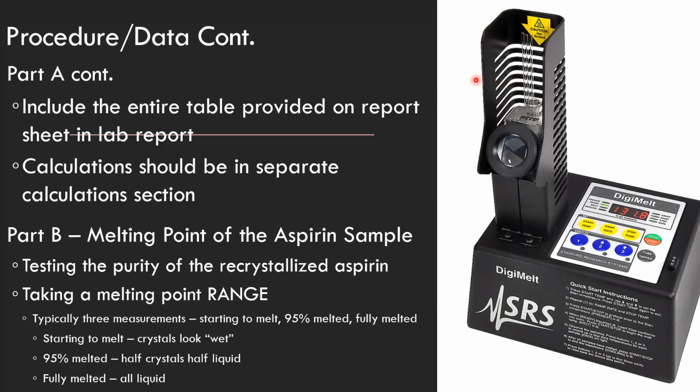So you're going to see a total of 3 trials done for this melting point of the aspirin crystals. And then make sure to note in your observation section the appearance of aspirin when it starts to melt, when it is almost fully melted, and then also when it is completely melted.